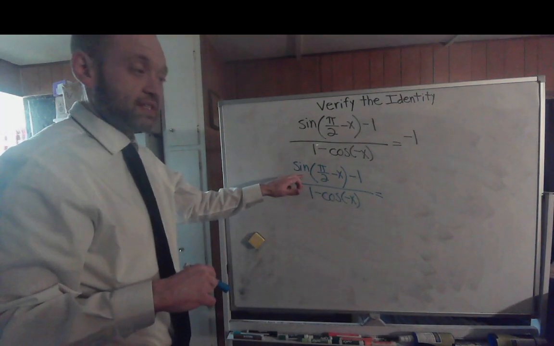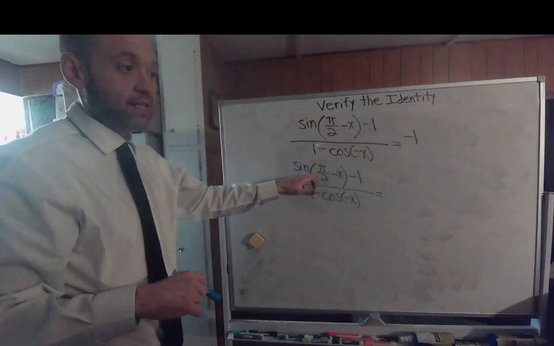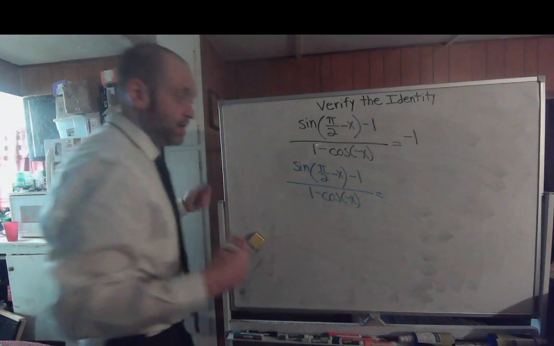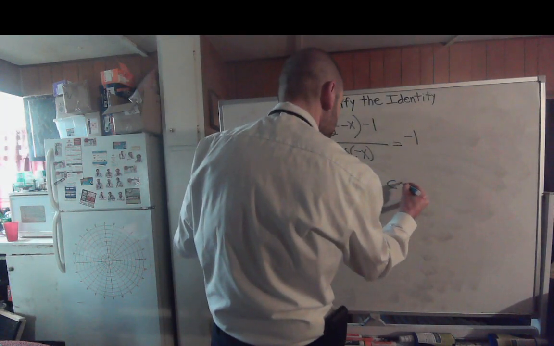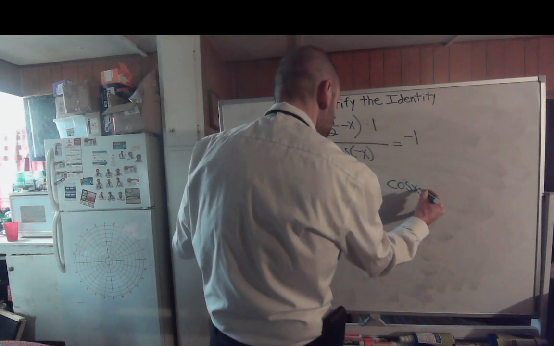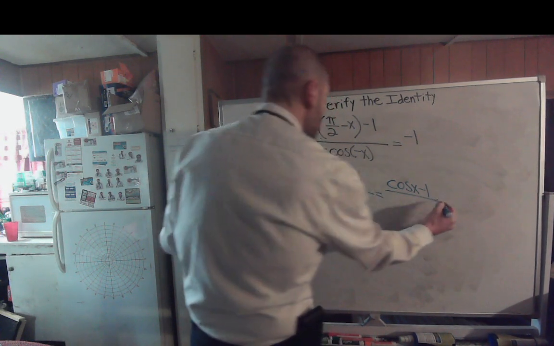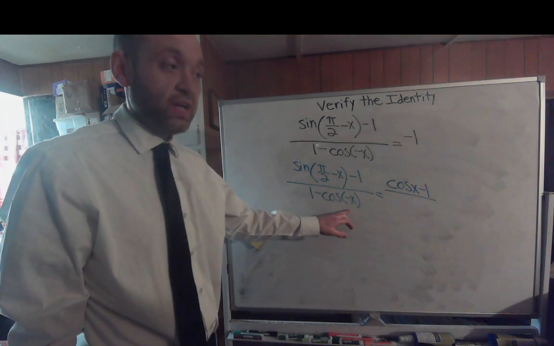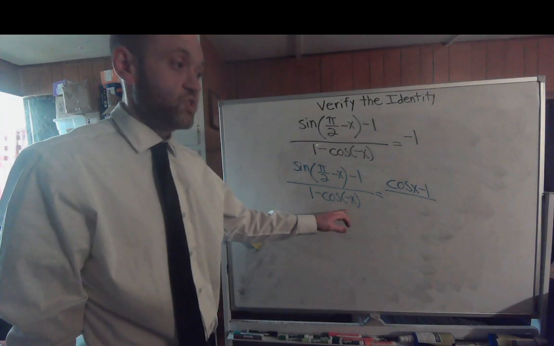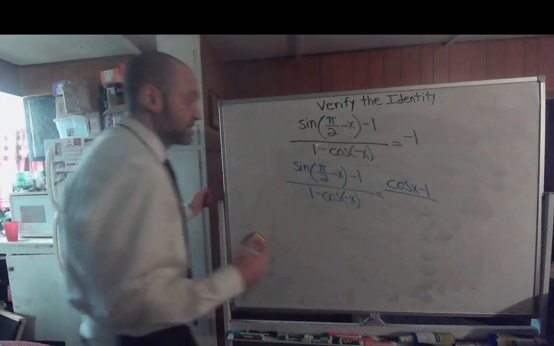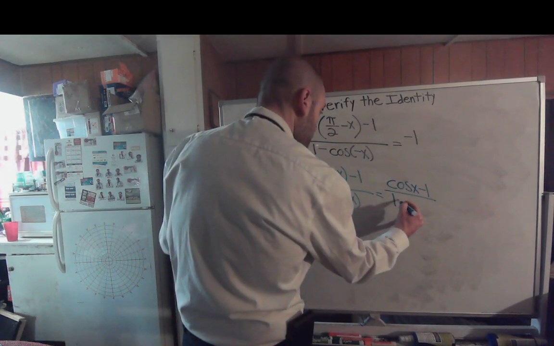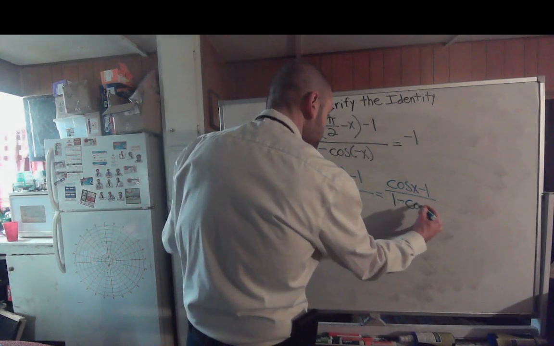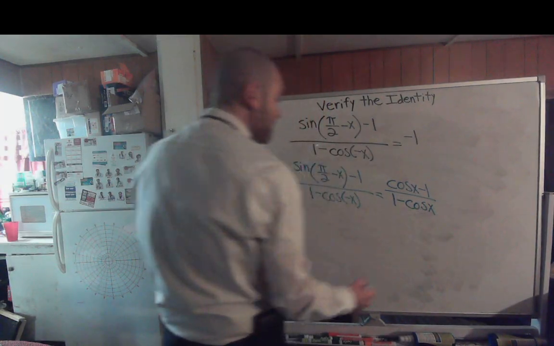So what is the sine of pi over 2 minus x? That's a cofunction identity, right? So this would just simply turn into the cosine of x minus 1 all over your denominator. Now, what's the cosine of negative x? It's an even function, so you would just get cosine of x. So this would be all over 1 minus the cosine of x.